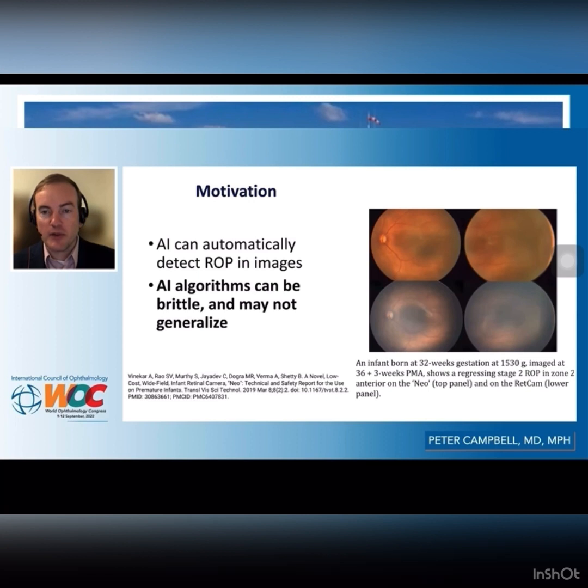The Forus camera is a digital fundus camera developed in India by the company Forus, which is available at a lower price point and therefore much more affordable in many low-income country regions. However, algorithms trained on one camera system may or may not generalize and perform well on other camera systems. So that's the motivation for this work.